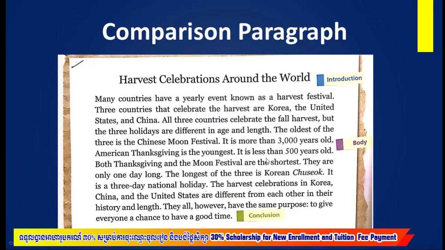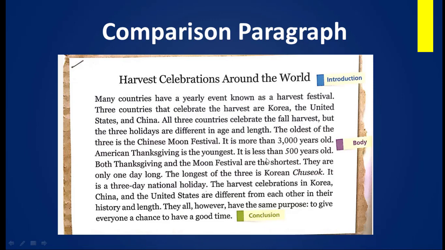The longest of the three is Korean Chuseok. It is a three-day national holiday. The harvest celebrations in Korea, China, and the United States are different from each other in their history and length. They all, however, have the same purpose: to give everyone a chance to have a good time.